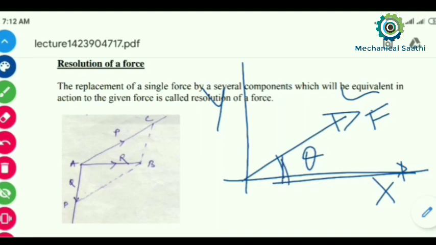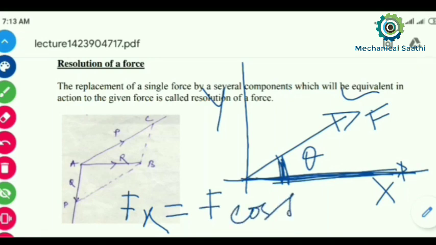When the corresponding angle is given with an axis, then we need to take the cos component of that. So if we try to calculate the value of fx, we can calculate it using the formula f cos theta.